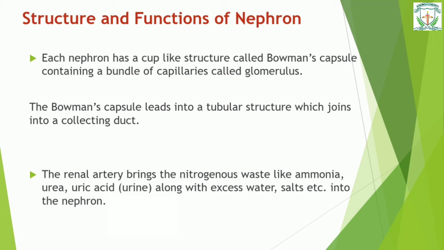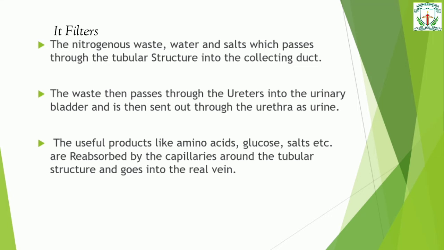The renal artery brings the nitrogen waste like ammonia, urea, uric acid along with excess water, salts, etc. into the nephron. It filters nitrogen waste, water, and salts, which pass through the tubular structure into the collecting duct.